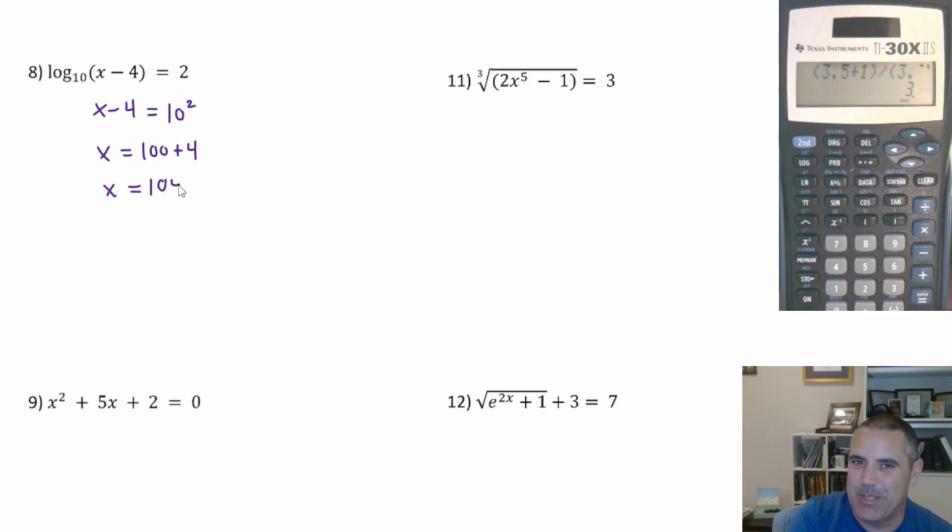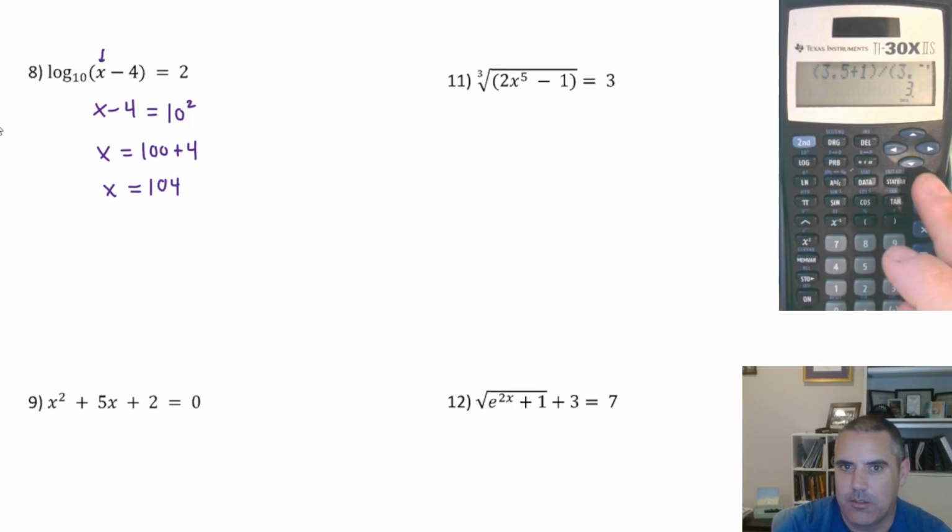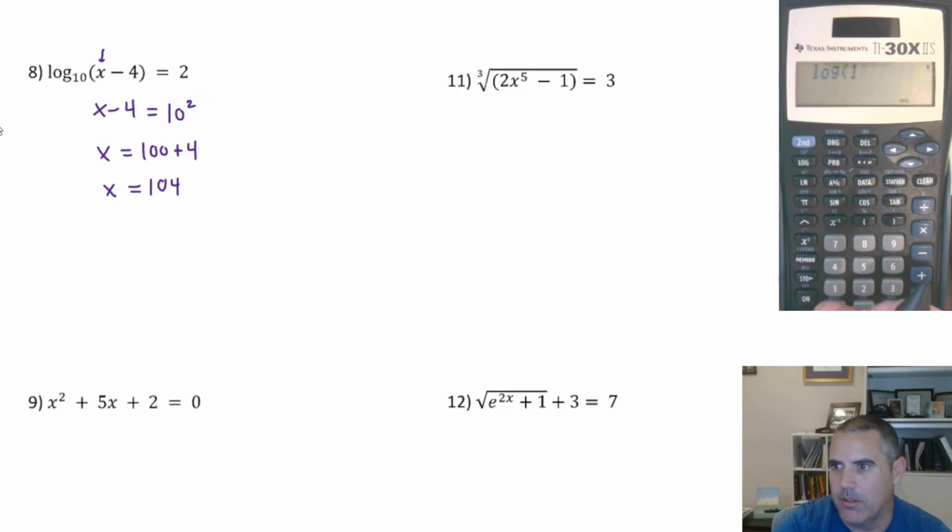I saw that I made a mistake there and I was almost going to let it happen. But in this case, it's so quick to check, you would just need to plug this in. Log base 10 actually is in my calculator. So we're basically doing log base 10 of 100, which you should already know is 2.